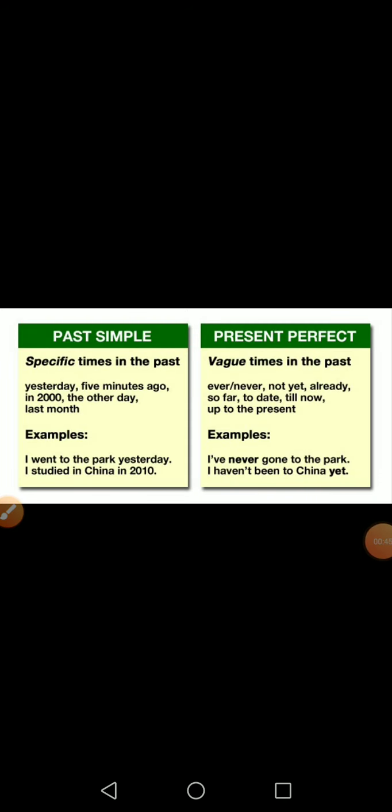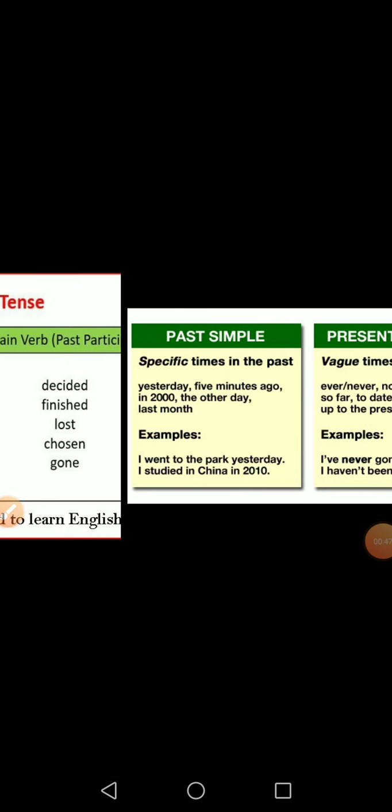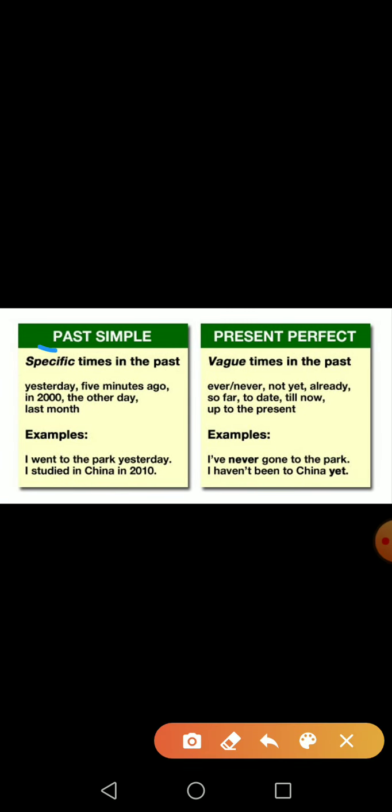Okay, let's start. Past simple and present perfect. I'll start from the examples here. I went to the park yesterday. I studied in China in 2010. So let's see the verb in each one. Where's the verb in the first example?